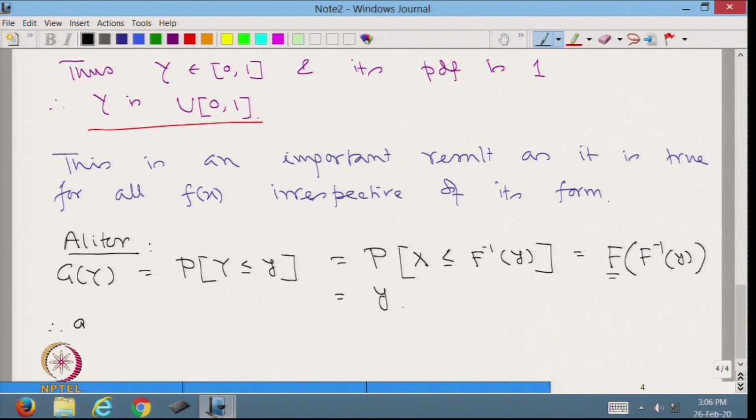Therefore, g of y is equal to G prime y is equal to d dy of y is equal to 1. So, we get the same result.